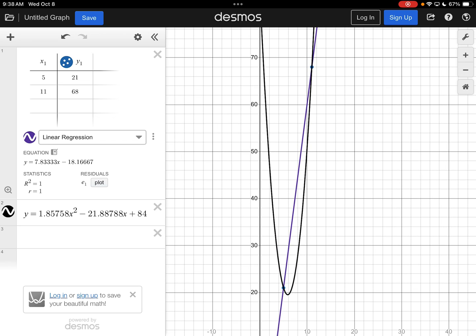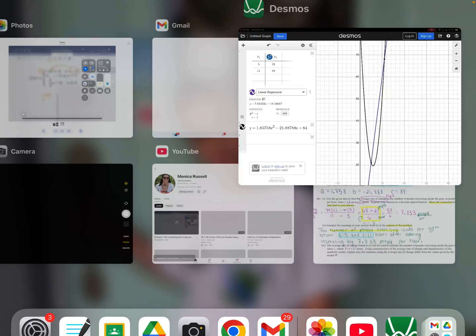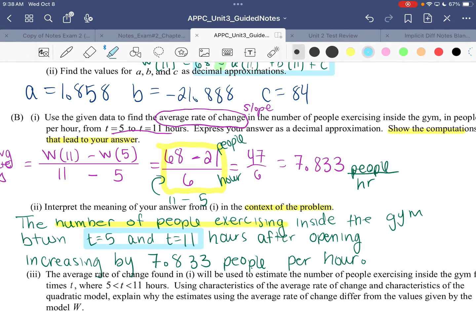The equation of that line would have been a very different equation than the line between 0 and 5. So you have to have the time interval. If no time interval, no points.